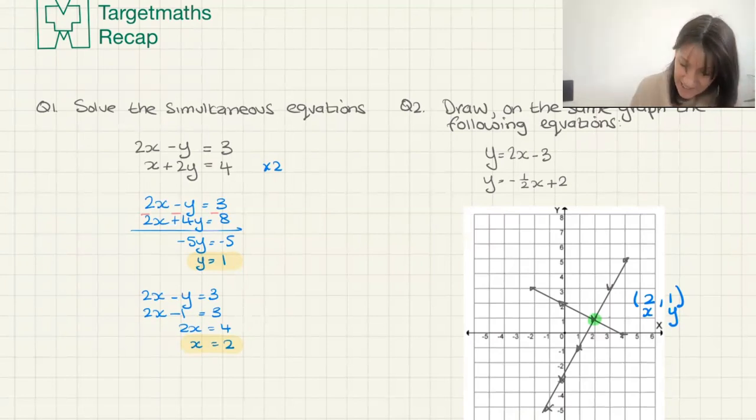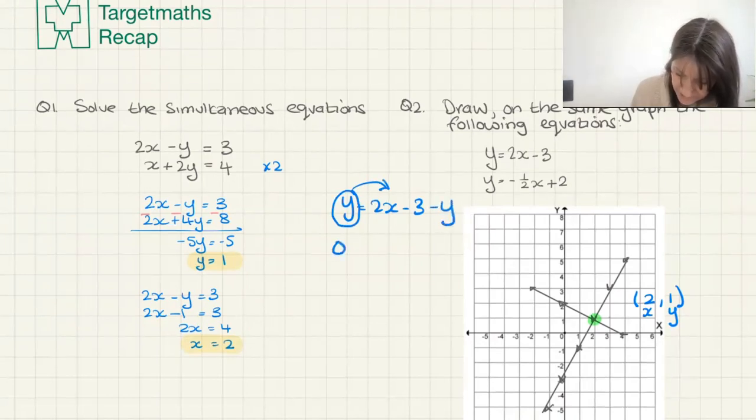Okay, now if I take the first equation that I drew, which was y equals 2x minus 3, if I was to pick up the y and just drop it on the other side, it would have to land as minus y, wouldn't it? So I've got nothing on this side now. I've got 2x minus 3 minus y. Now, what if I just pick up the minus 3, drop that on the other side?